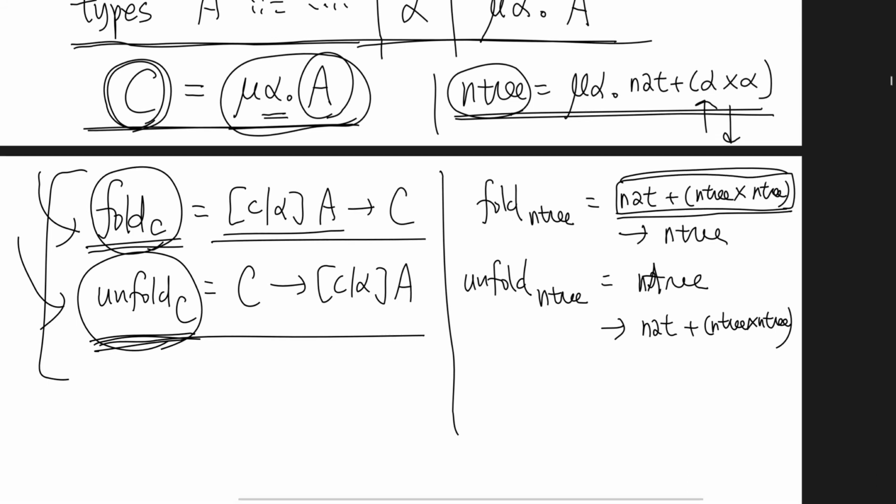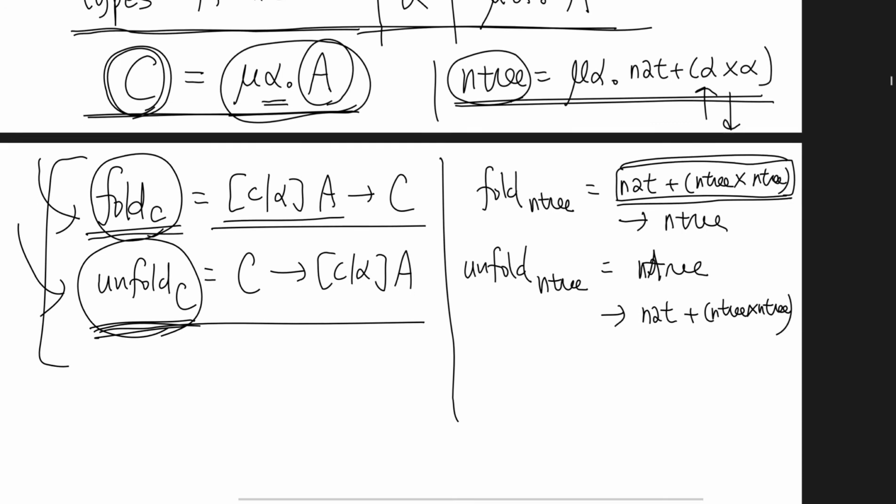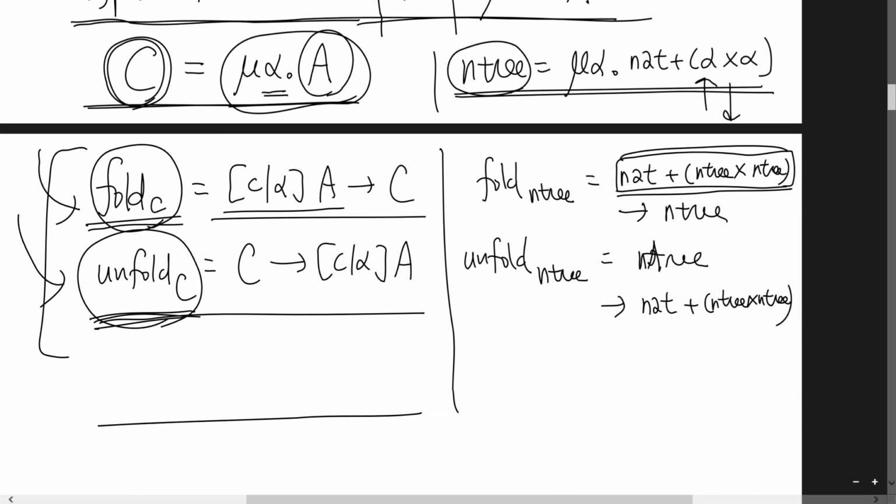Then what are the typing rules? The typing rules are easy. You just transcribe this specification into a corresponding typing rule. So for instance, what is the typing rule for fold C expression E?